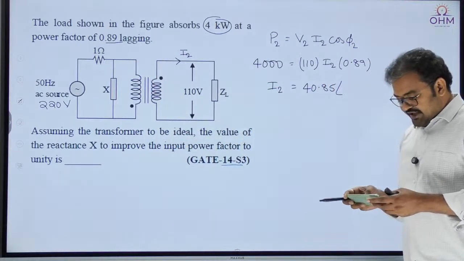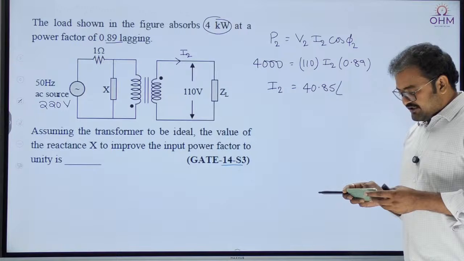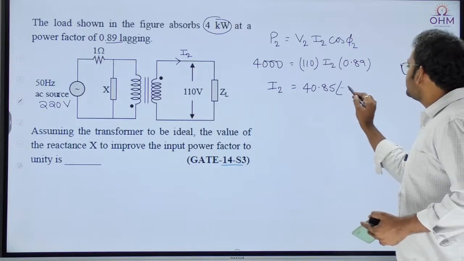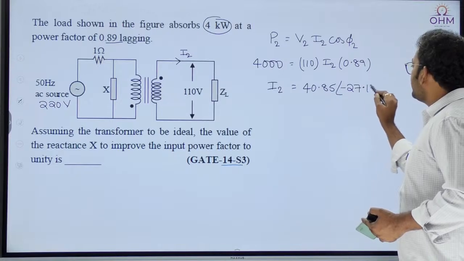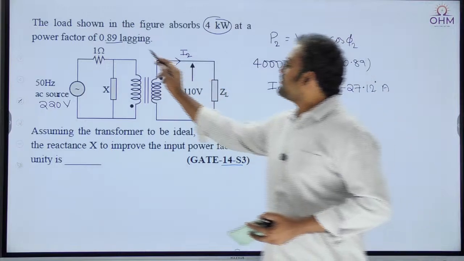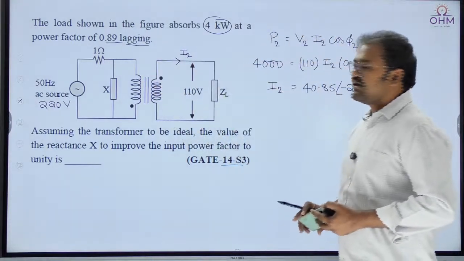So that means the angle will be cos inverse 0.89. That was 27.12 degrees, that too negative angle. Why? Because it is a lagging power factor. This is the secondary current I2, guys.